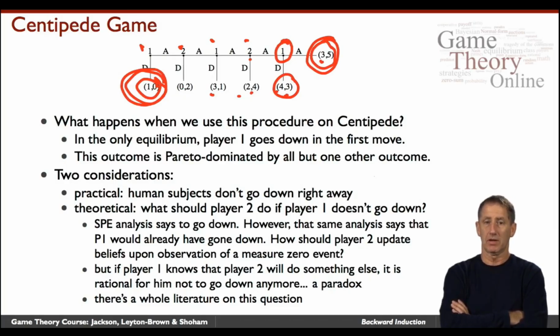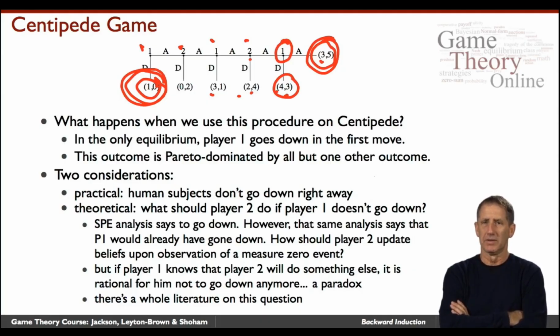Well, on the one hand, you could say, the only subgame perfect equilibrium is to go down. They should go down because they'll go through this backward induction argument and it'll tell them that the best thing for them is to go down. But that same argument told player 2 that player 1 would have gone down right off the bat. But they didn't. So maybe they won't go down again.